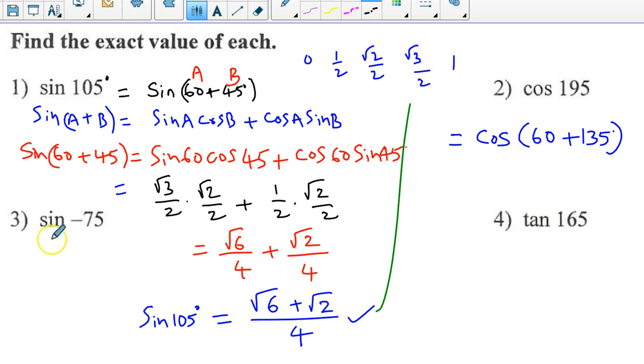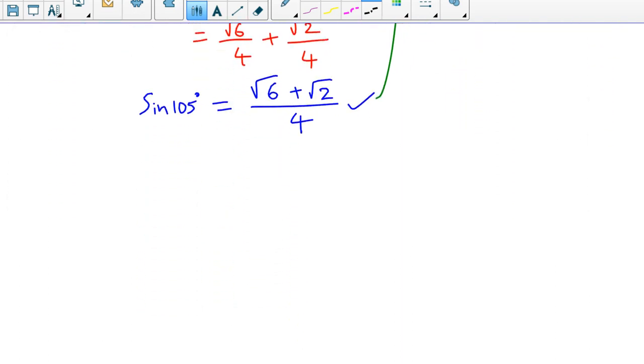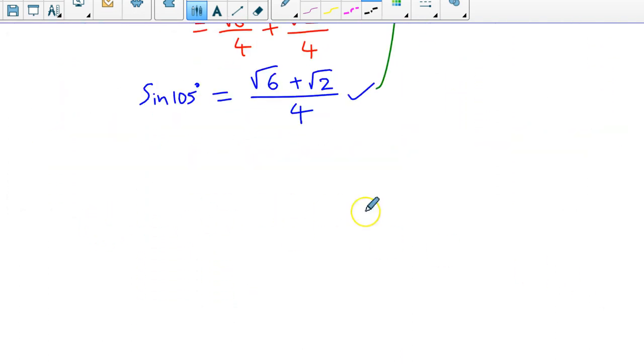And similarly sine 75 degrees. If you want to find the value of sine, in this case it is negative 75. That's fine. So third problem, sine negative 75 degrees. So when you have that sine negative 75, how do you do that?